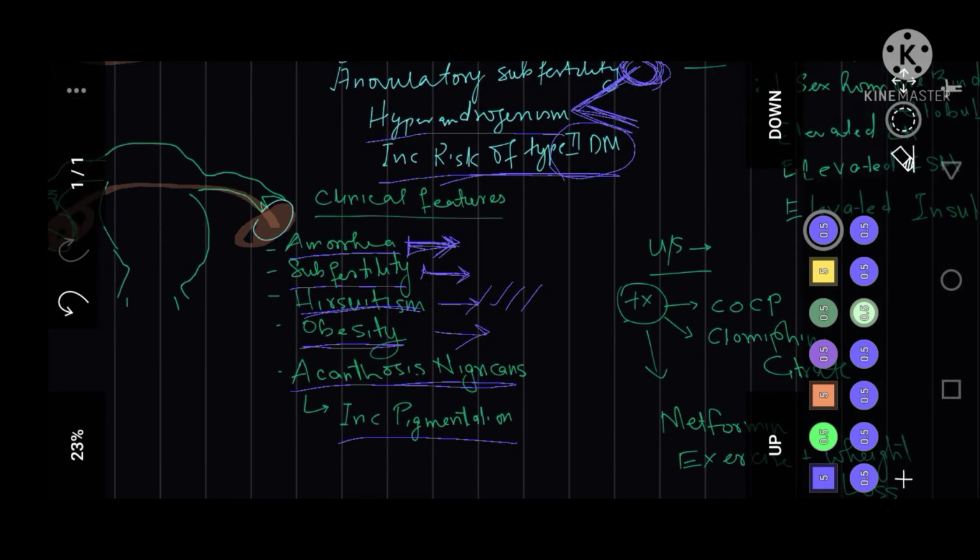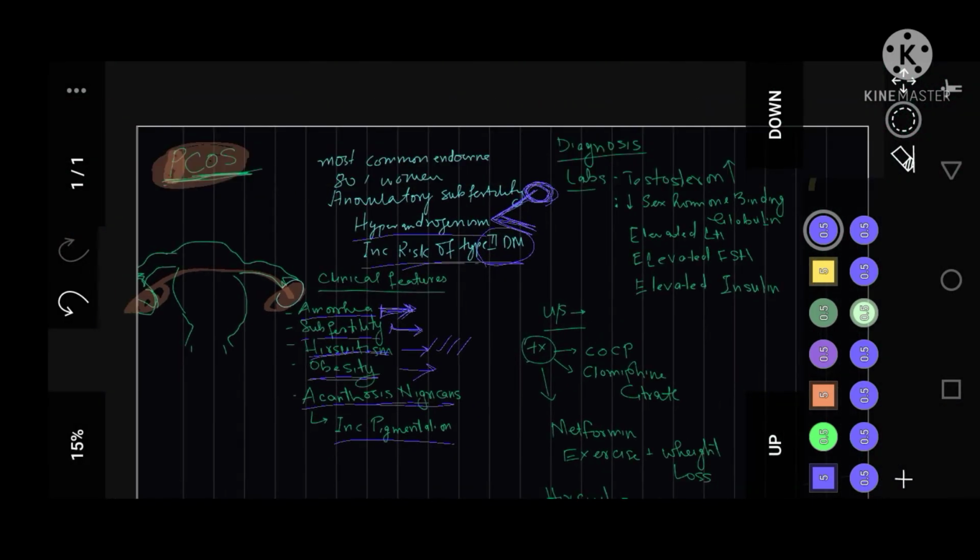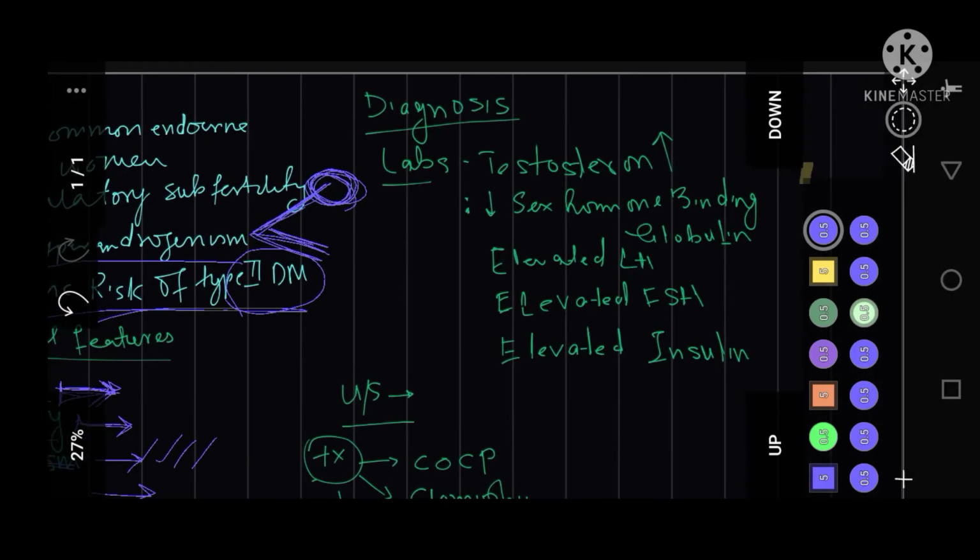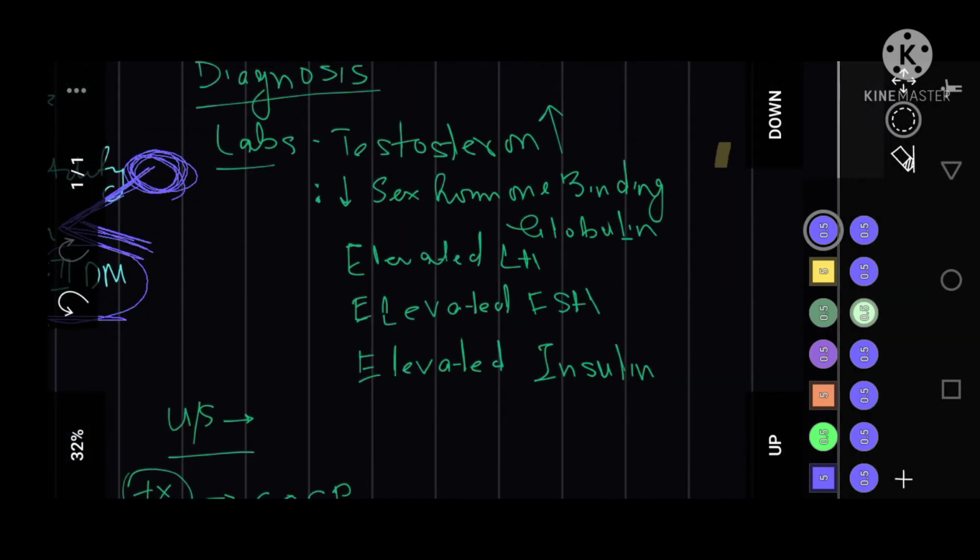So these are the clinical features of polycystic ovarian syndrome, and the laboratory investigation for diagnosis is testosterone level. As we discussed, this condition causes hyperandrogenism, meaning increased testosterone level in the blood of the patient, and sex hormone binding globulins will be decreased.